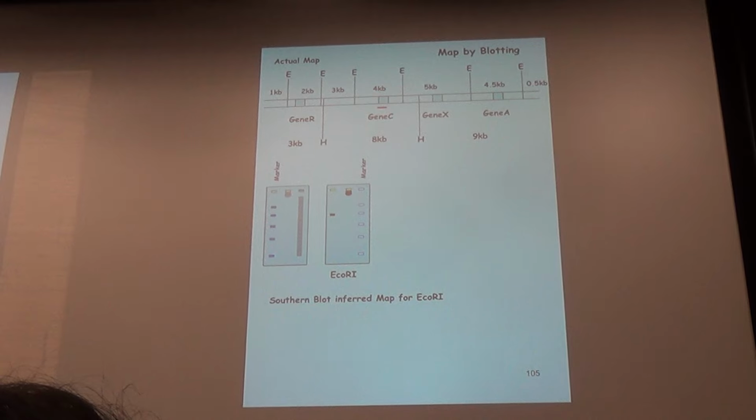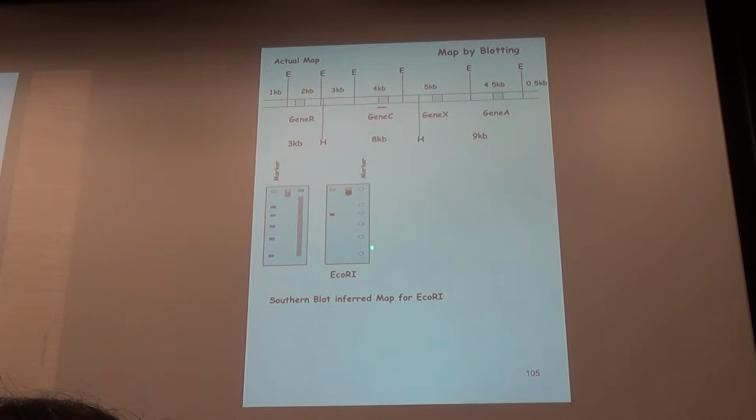So let's first do a digest with EcoR1. We're going to take this genomic DNA in a test tube. We're going to digest it with EcoR1. When we digest it with EcoR1, we're going to get a smear. We're then going to probe it with this probe, this little red line that's specific for this gene, gene C. And you find that it will pick up a fragment of EcoR1 that is 4,000 base pairs long.